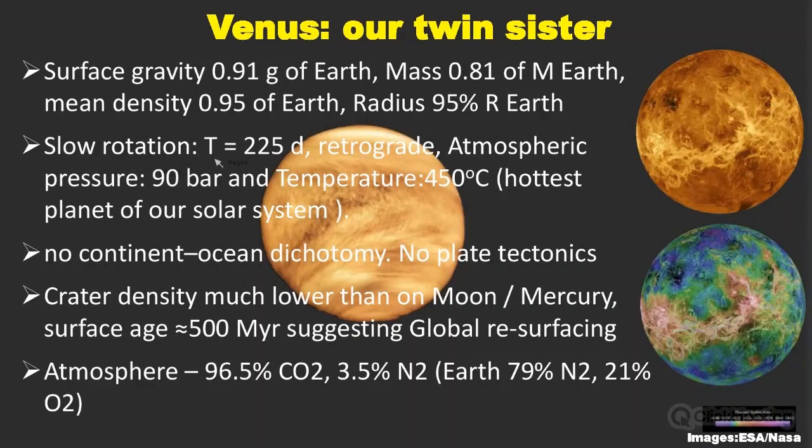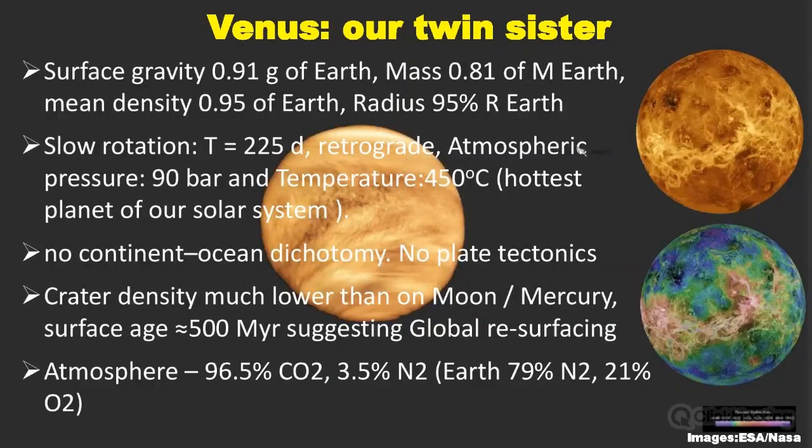It has slow rotation, taking about 225 days to rotate on its own axis, and it has retrograde movement. All planets move in one direction and Venus is opposite to that, so it rotates clockwise, whereas all other planets move anticlockwise.